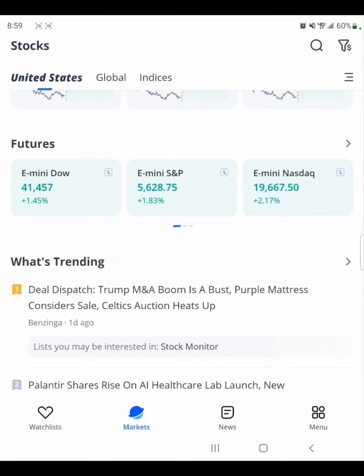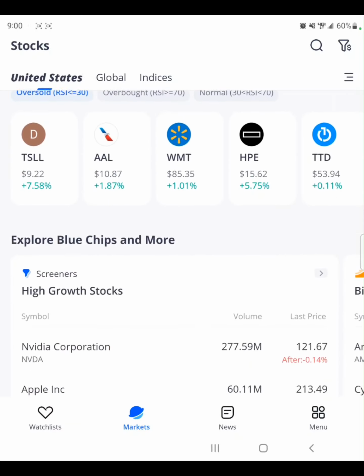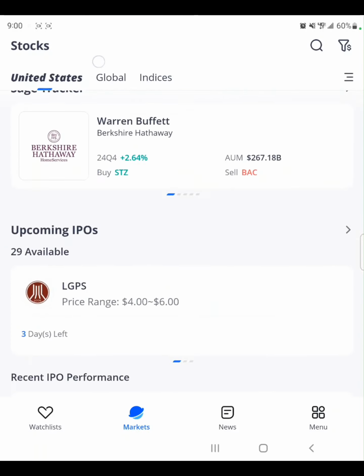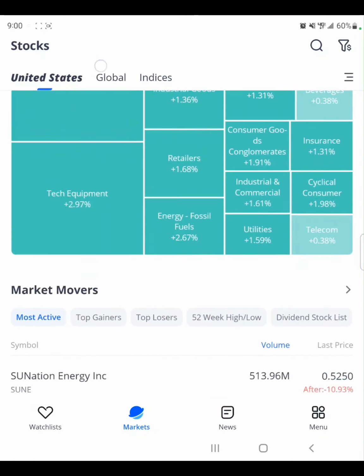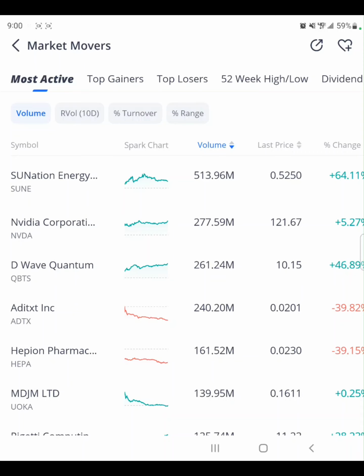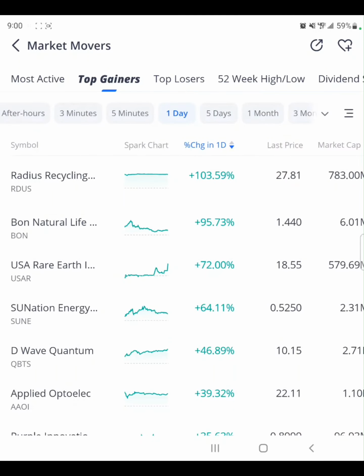So as you click on the markets section, you scroll down and check the market movers for the day. Let me show you guys an example. If you have a bearish sentiment for the day, you go to top gainers to find the stocks that you want to trade.